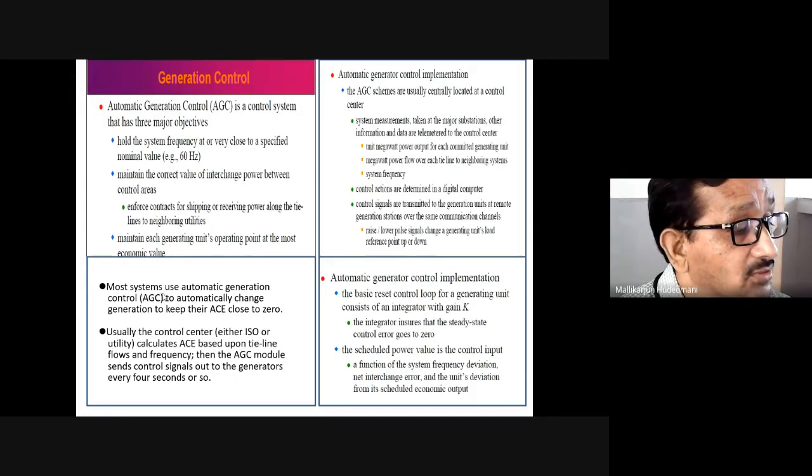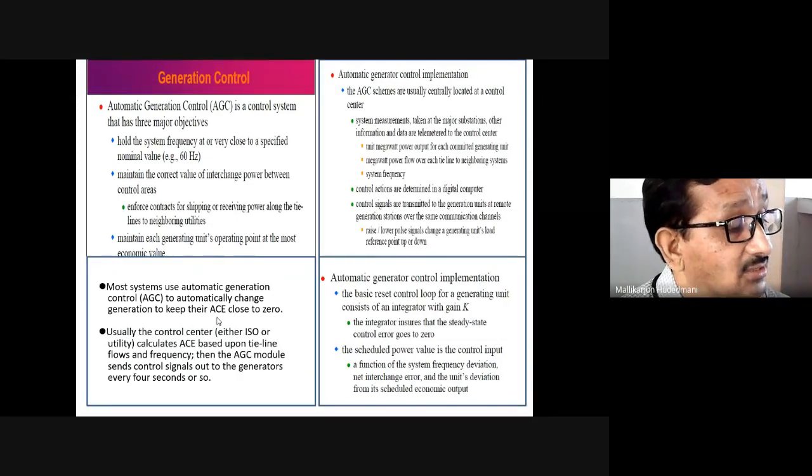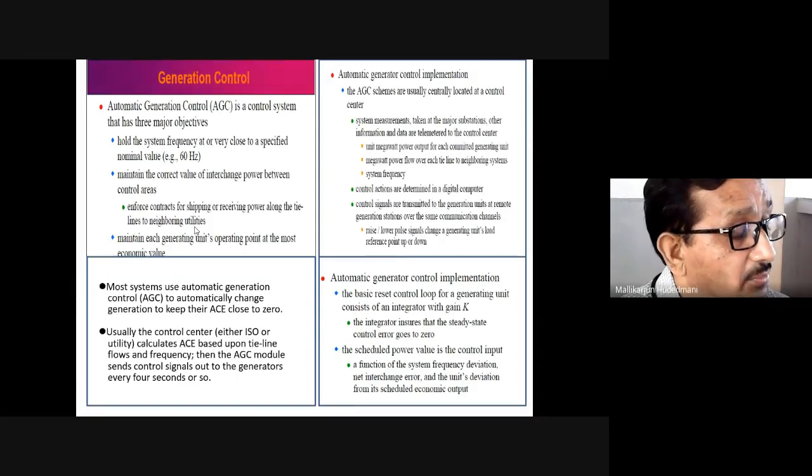Most systems use automatic generation control to automatically change generation to keep their area control error close to zero. Area control error is nothing but an error stimulus for an energy control center, where its set point we know, what it is generating.